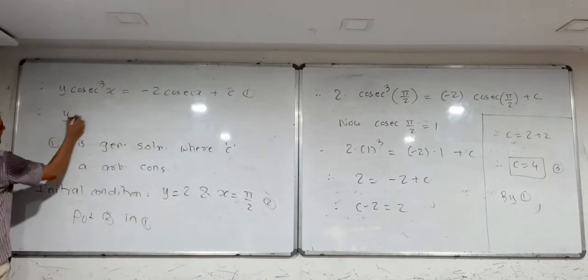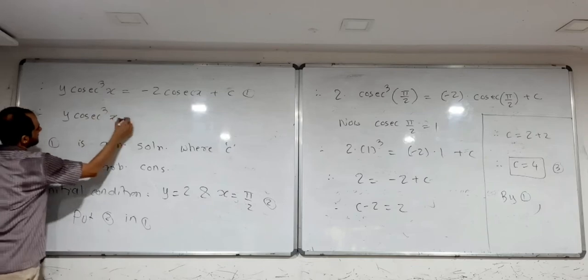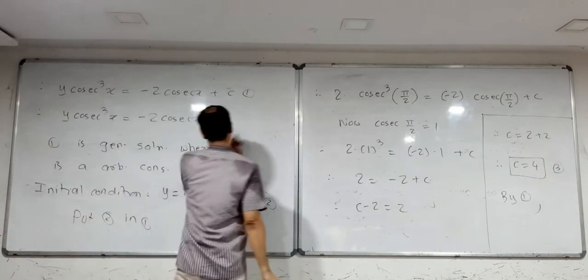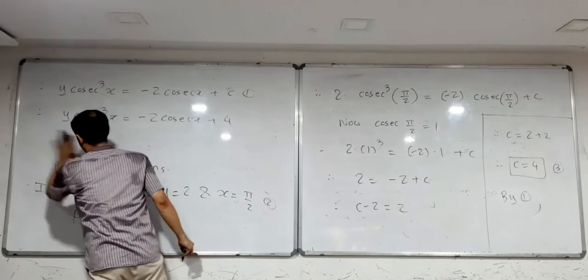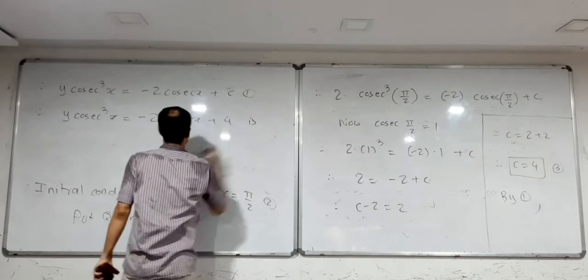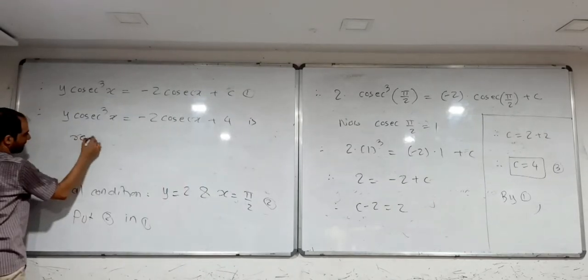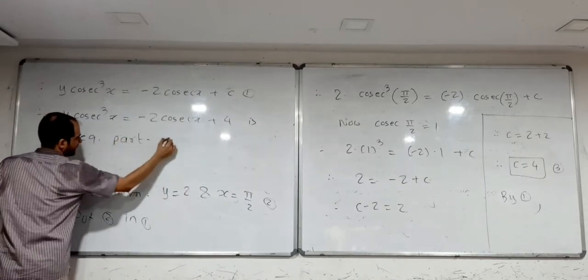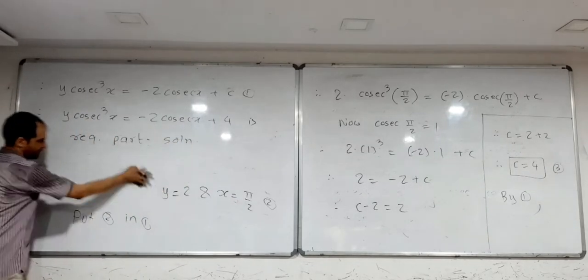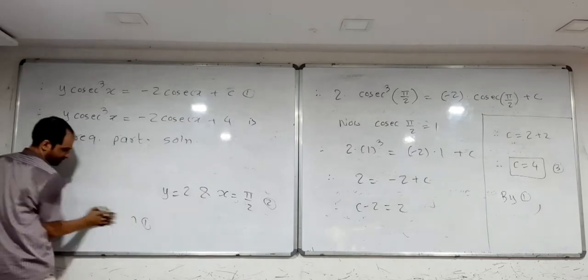So y into cosec cube x is equal to minus 2 cosec x plus 4 is, you can say, required particular solution. No teacher will give you wrong if you end it over here. Is required particular solution.